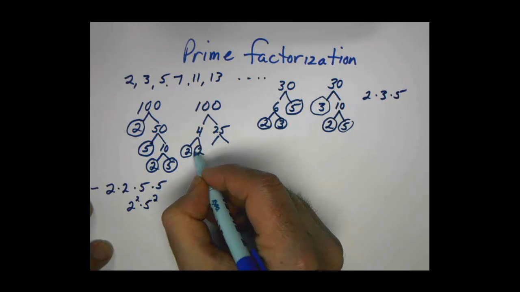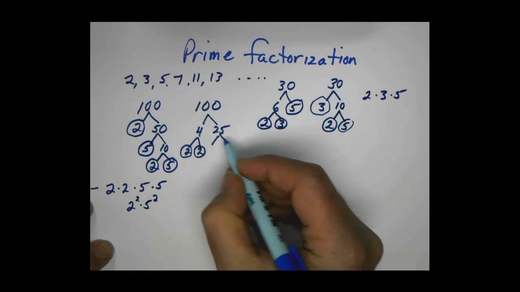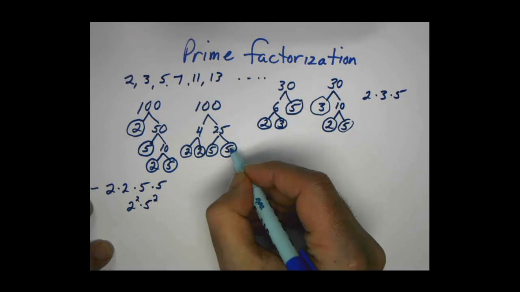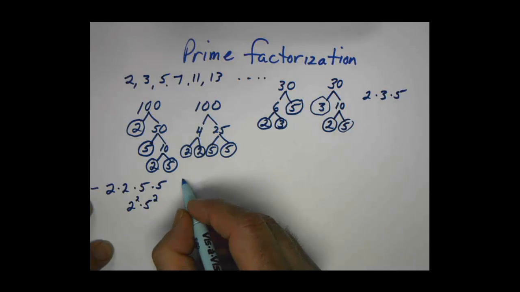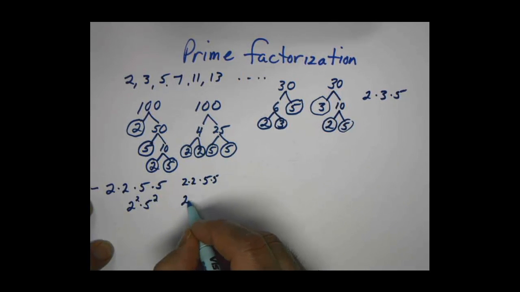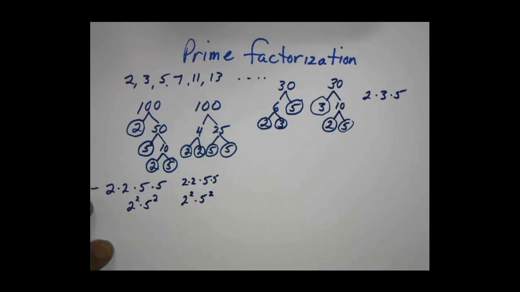They're both prime. They get circled as they're part of the answer. 25 is 5 times 5. Same answer: 2, 2, 5, 5. Again, 2 squared times 5 squared, because the answer is the answer.